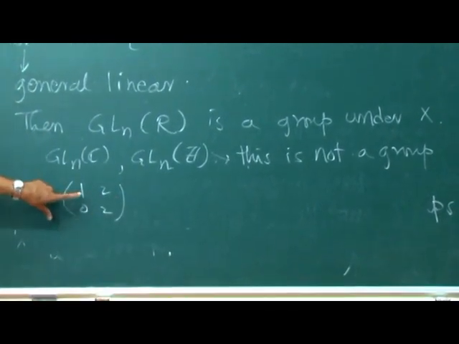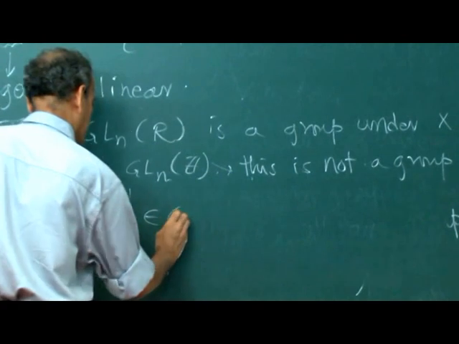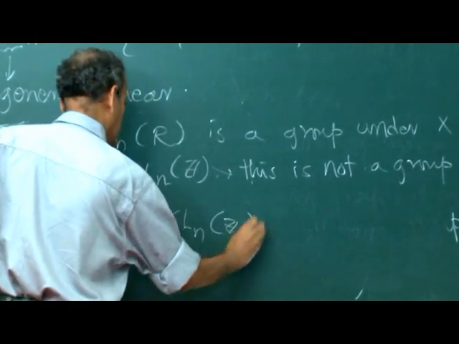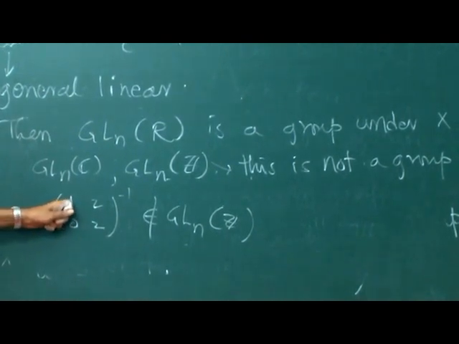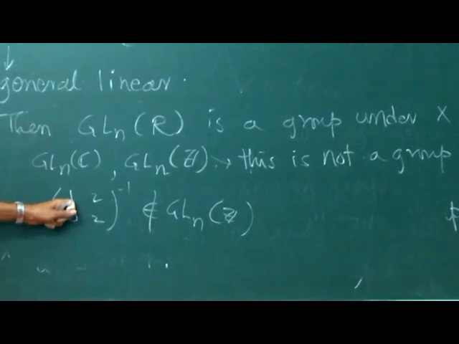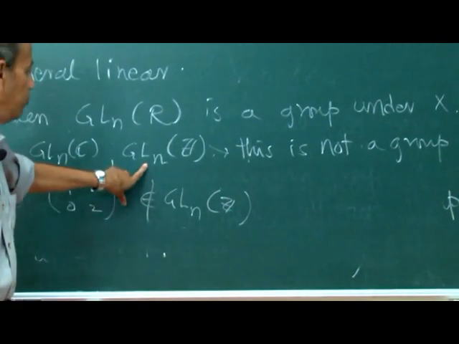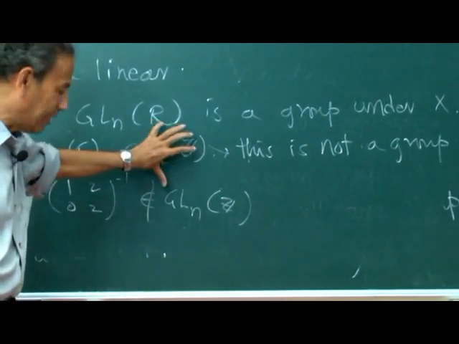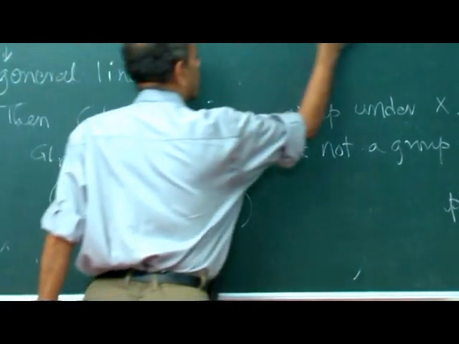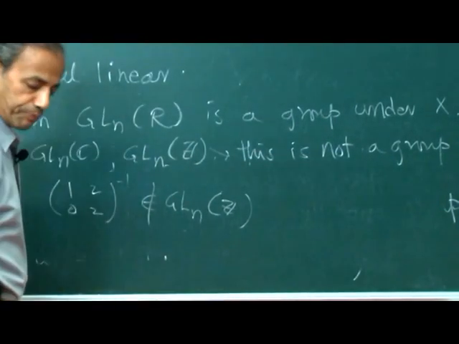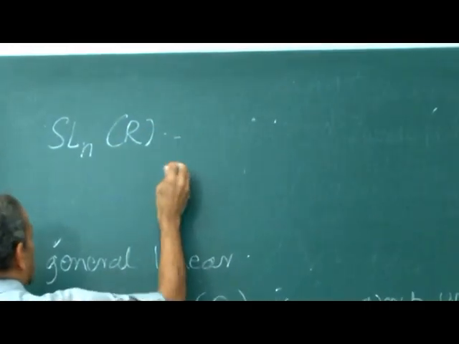Then the inverse of this is not in GLn(Z). When you take the inverse, the entries are not integers. They contain rational numbers with non-trivial denominators. So this is not a group, but we can take some subset of these matrices to convert it into a group. So we will consider SLn(R). This is the special linear group.